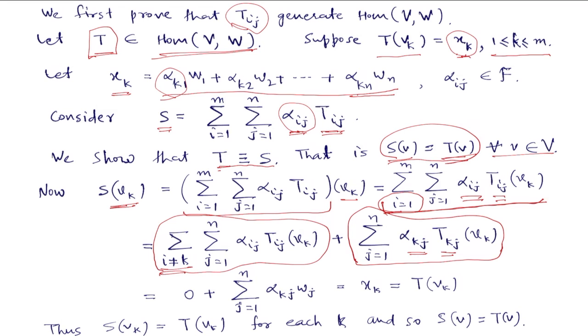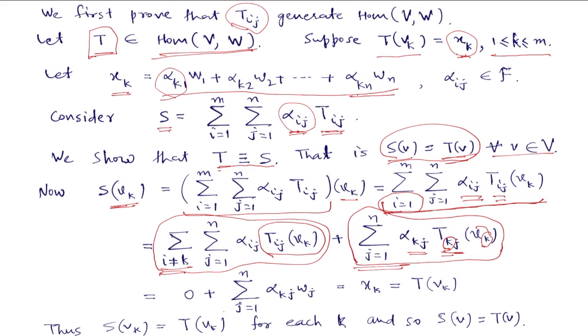Now because i is not equal to k, Tij Vk will be 0 by the definition of Tij, and so we are left with only this part. And we know that when these two are equal, this k and this k, the image is Wj.